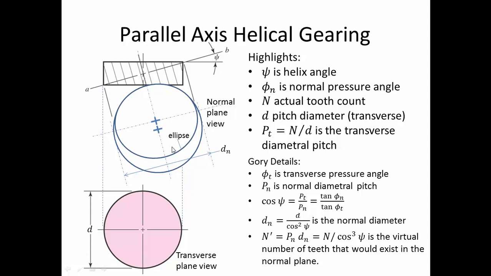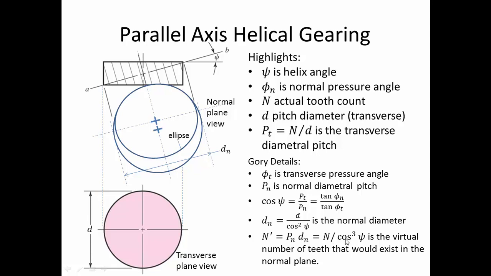There would be an ellipse that you would be cutting relative to the original pitch cylinder, and that ellipse will share a curvature, the same curvature as what I'm calling the normal diameter, and that shared curvature would be at the minor diameter of the ellipse.